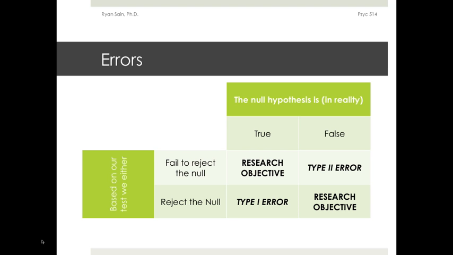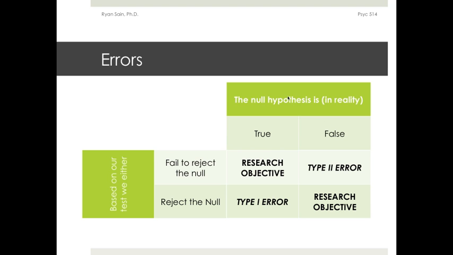So let's look at the chart here. Up top, we've got the null hypothesis is, in reality, remember this is not based on our experiment, this is reality. If the null hypothesis is true and we did not reject the null, in other words, our statistics showed us that there was not a significant difference between the groups, so we failed to reject it. There was no difference between the groups, and in reality, our null hypothesis is true, then we have met our research objective.